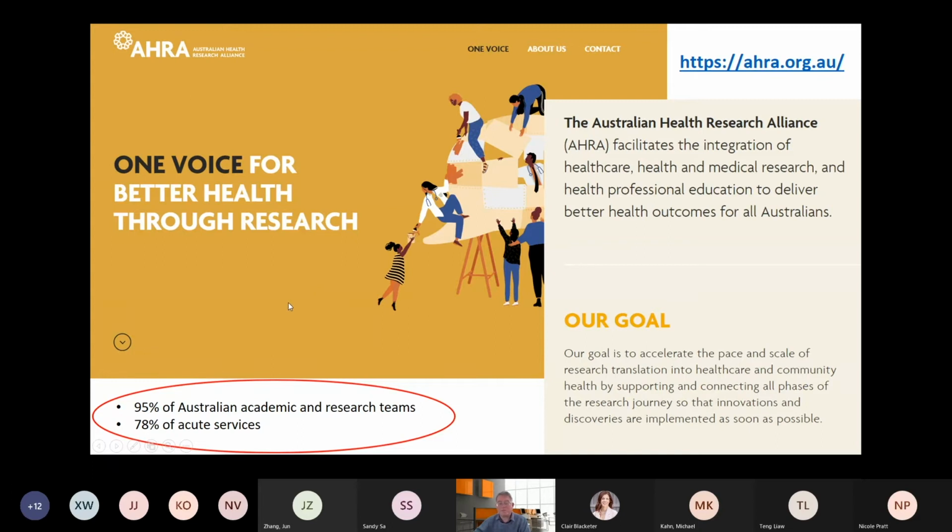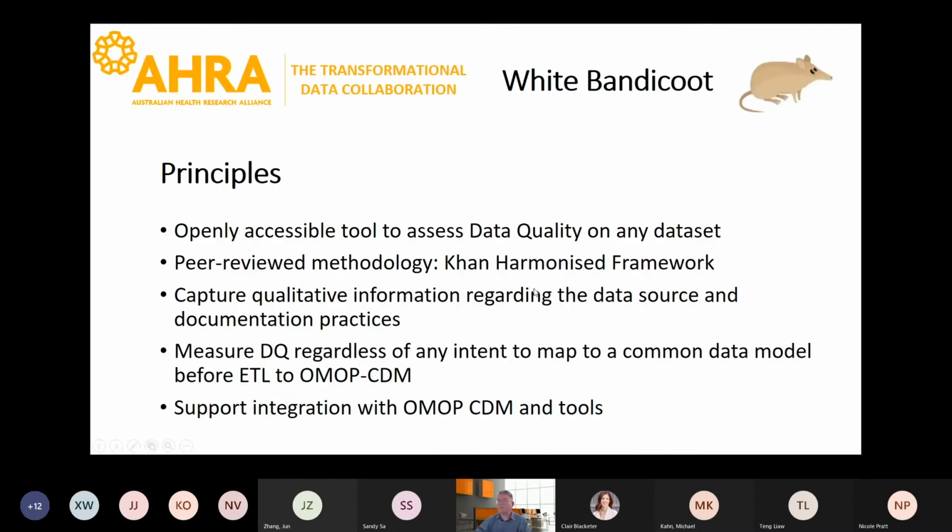And in my area, of course, I'm specifically thinking about how we can transform data and try to do things that are difficult to do in our normal competitive research arena. So I want to get beyond the competition. White Bandicoot comes out of that, from the Australian Health Research Alliance Transformational Data Collaboration.